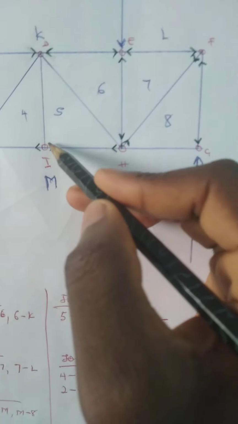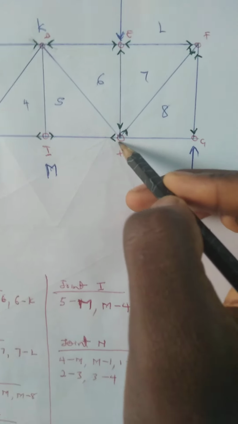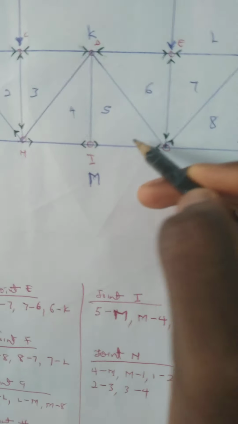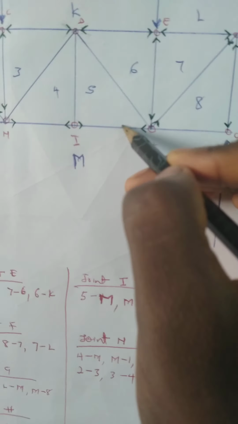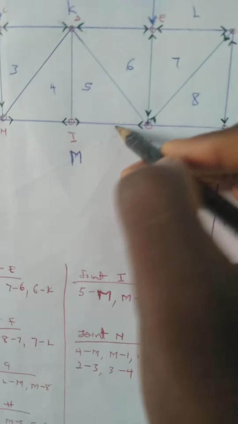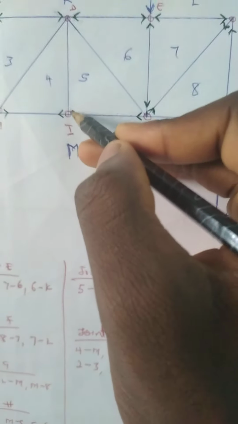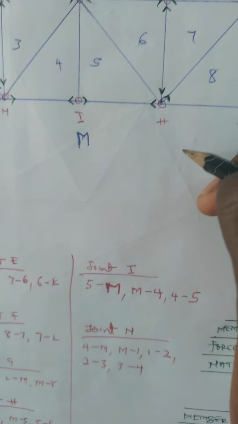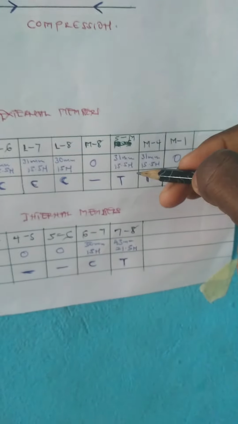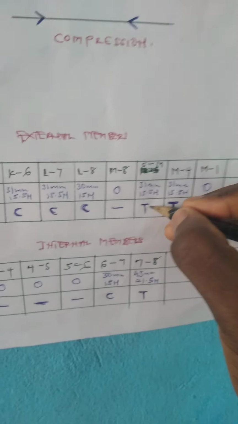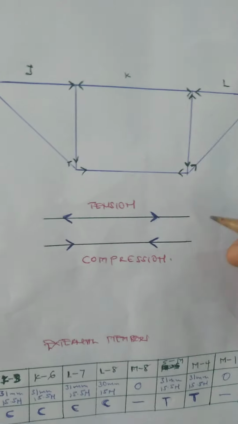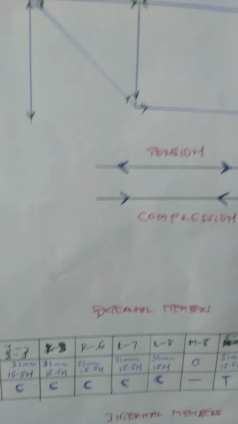Look at the arrows. The member is exerting a compression force. Do not record the force it is exerting as the force acting on it. No. When it's exerting a compression force, it means the force acting on it is in tension. So 5M becomes a tension force. Simply, it's the other way round.